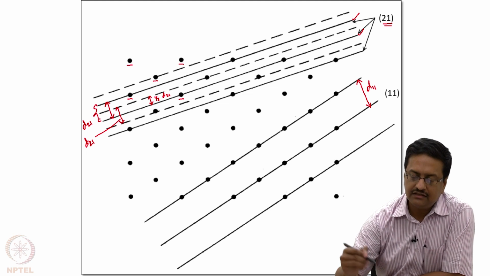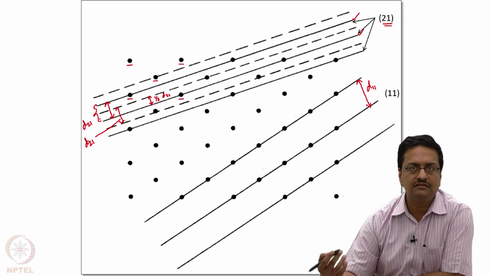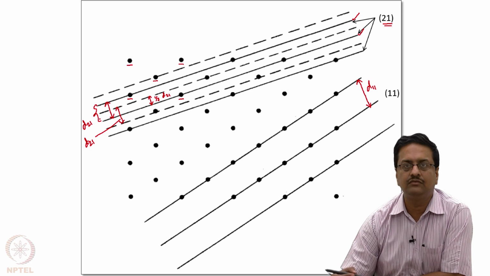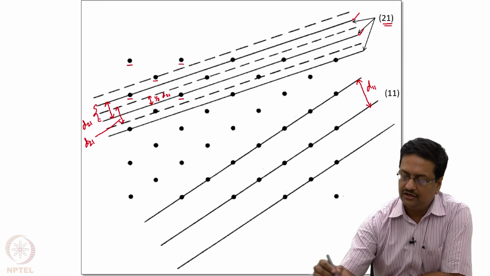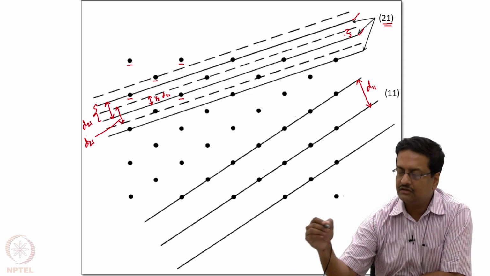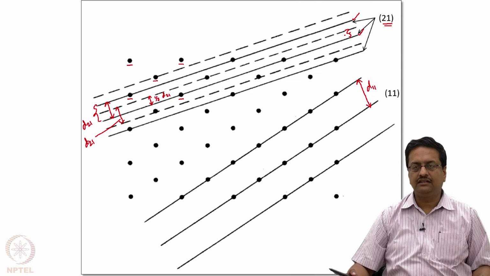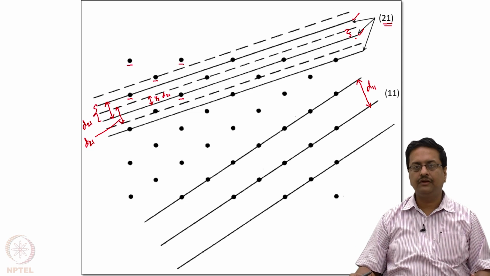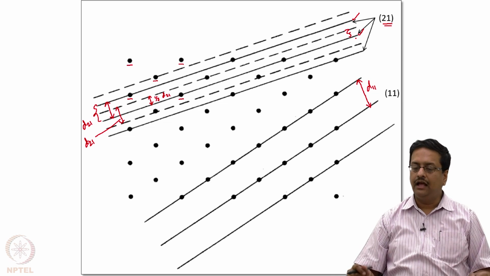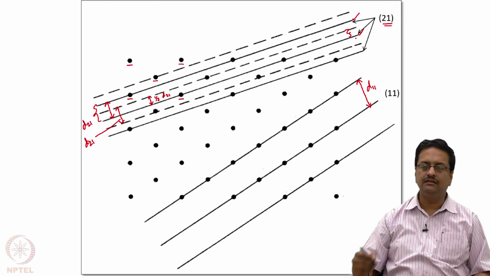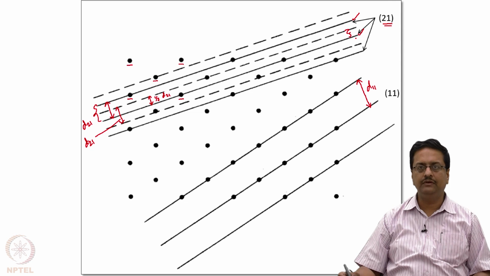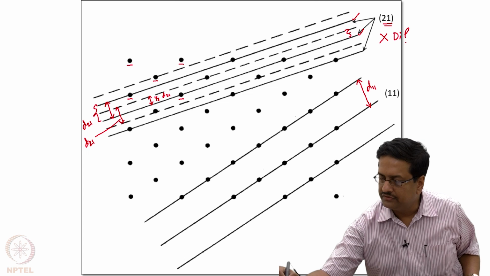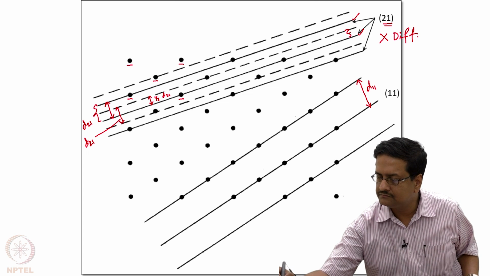The planes at a distance d21 meet the Bragg condition, where an integral multiple of wavelength is equal to the path difference, but then obviously this will not meet the diffraction condition. As a result, the constructive interference will not happen, and in this particular case only destructive interference will happen, and we will not see any diffraction from the set of 2, 1 planes.